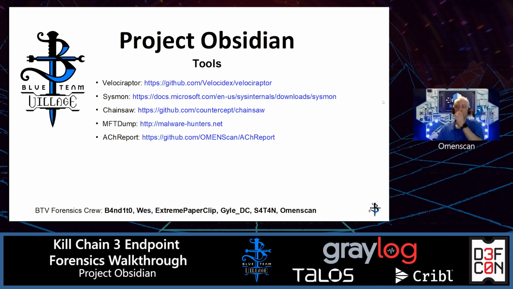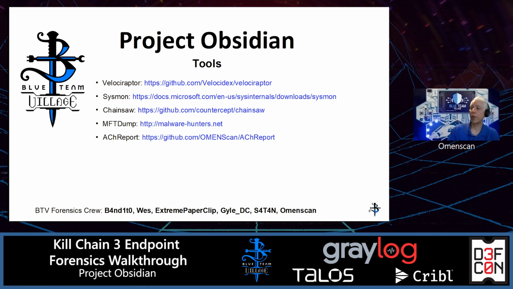Okay, so recapping what we did on this machine to analyze it and to draw some conclusions. We had an environment that was compromised. We ran Velociraptor on the machine to gather telemetry and artifacts.